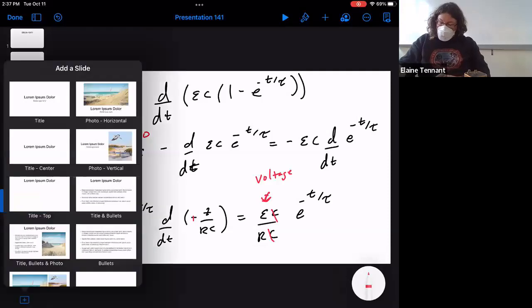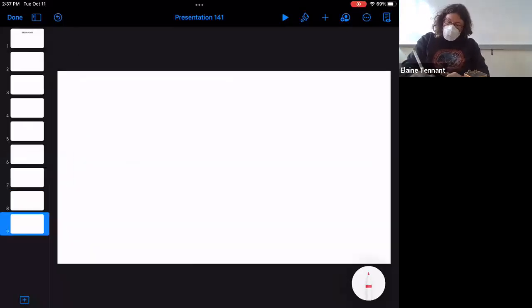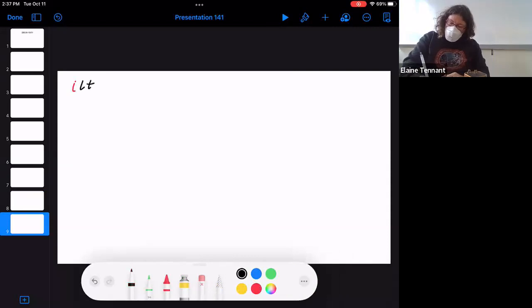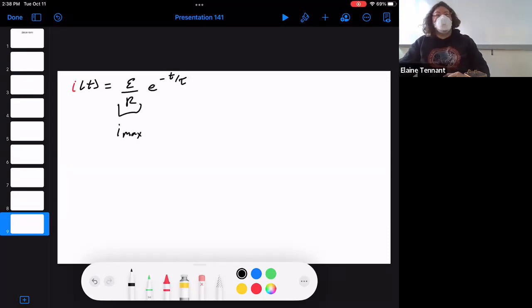So I'll write it. Current equals battery voltage over resistance, times e to the negative t over tau, where this thing is the maximum current.